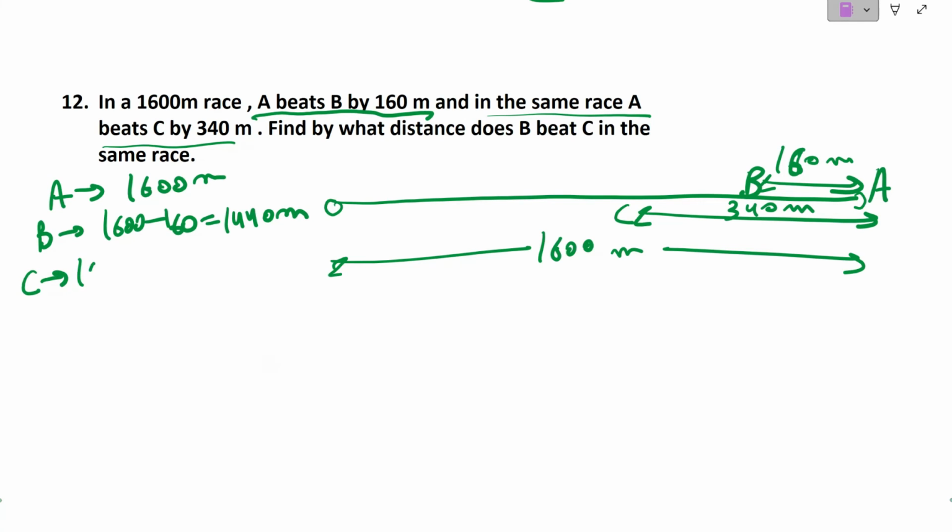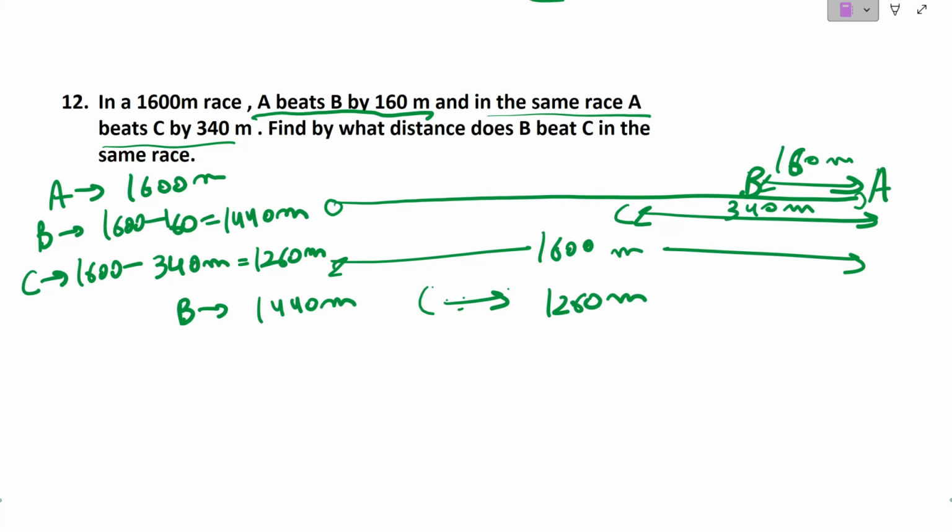C had covered 340 meter less, so it is 1260 meter. So we can say that when B covers 1440 meter, C covers 1260 meter.